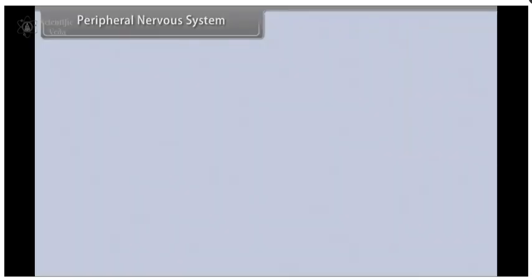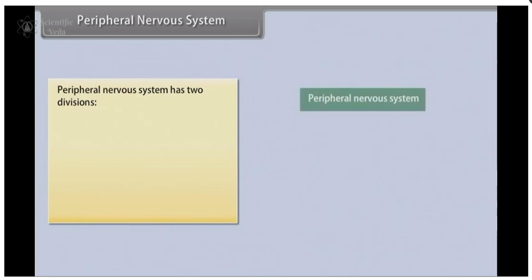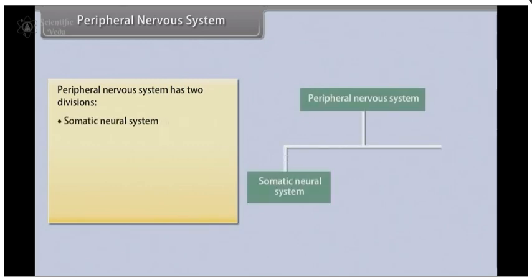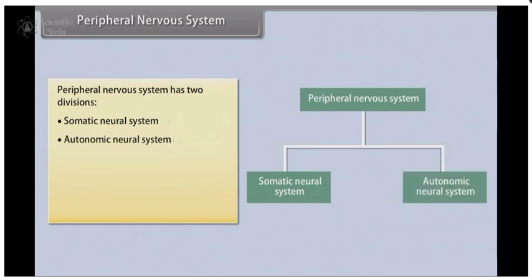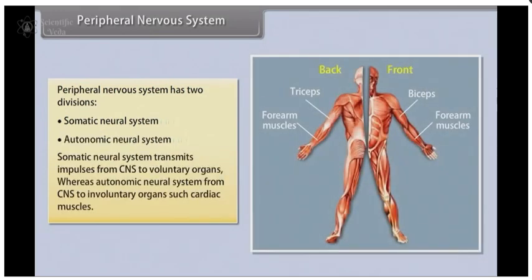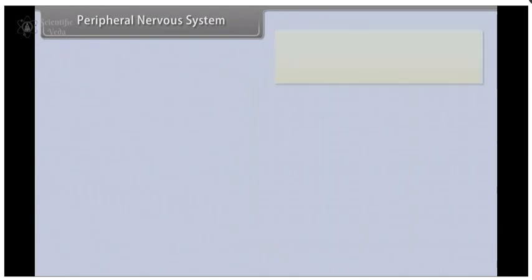Peripheral nervous system. The peripheral nervous system has two divisions that are somatic neural system and autonomic neural system. The somatic neural system transmits impulses from CNS to voluntary organs, whereas the autonomic neural system transmits from CNS to involuntary organs such as cardiac muscles.